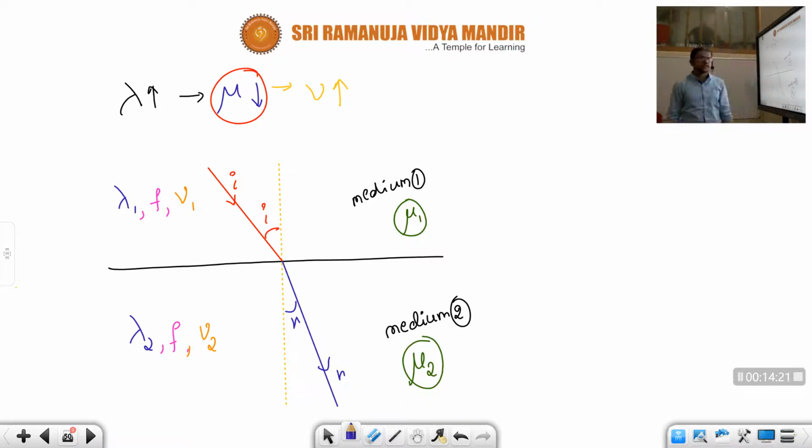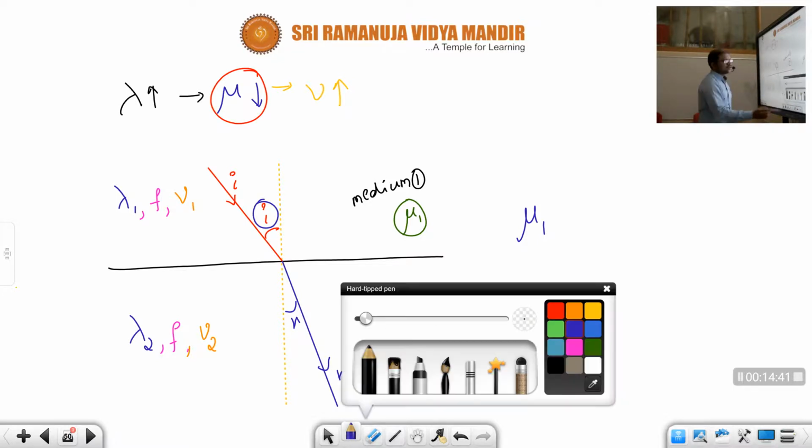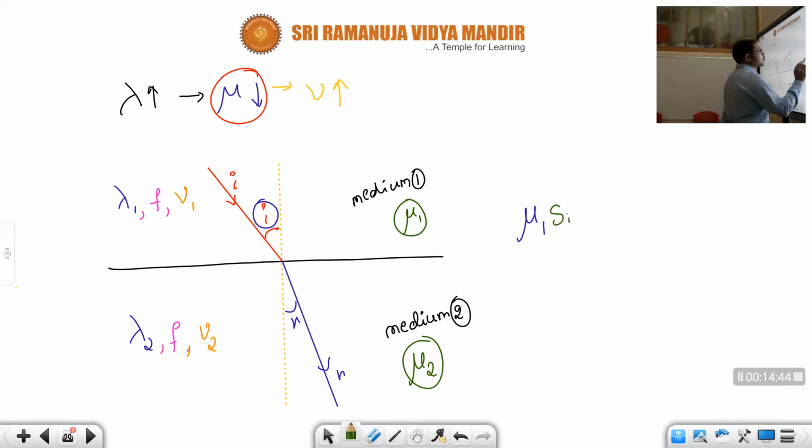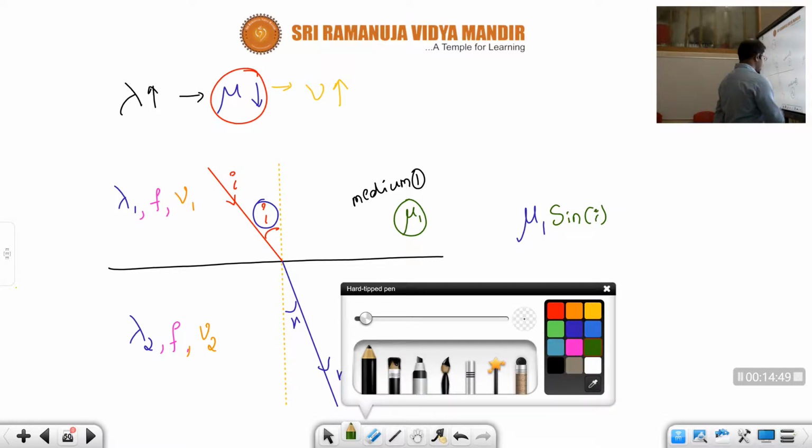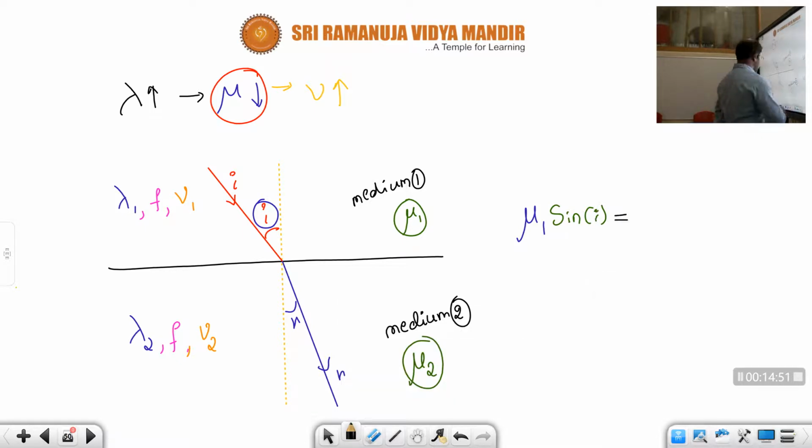How do we apply Snell's law? Always remember, the medium in which the angle is, first write the medium. What is this? Mu 1. In medium mu 1, what is the angle present? I. So write sin I. This is equal to, what is the next medium? Mu 2. Write that one.